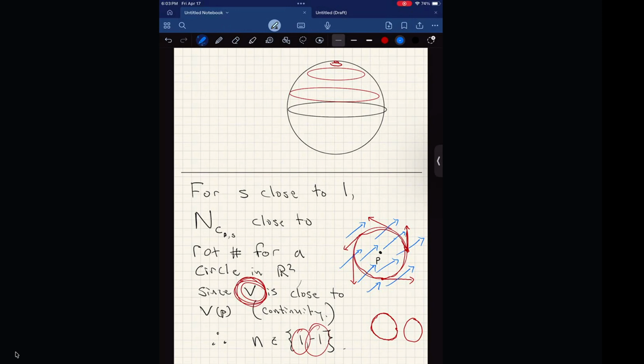So for R2, this is just one piece, because the whole R2 is contractible to a point continuously. But the sphere is not contractible, so you need the northern cap and the southern cap. That gives you the Lusternik-Schnirelmann category. Actually, you need to subtract one in all the cases, but let's not worry about this.